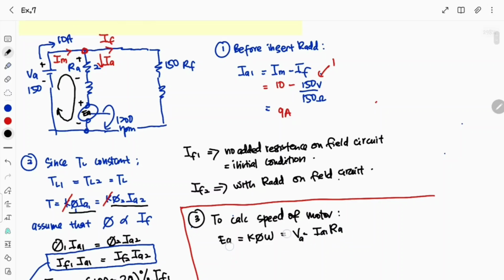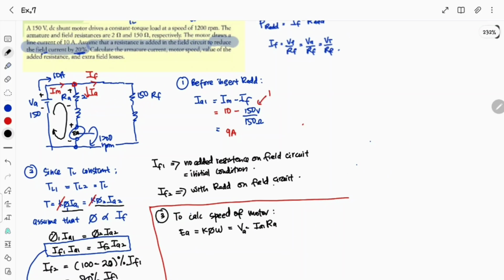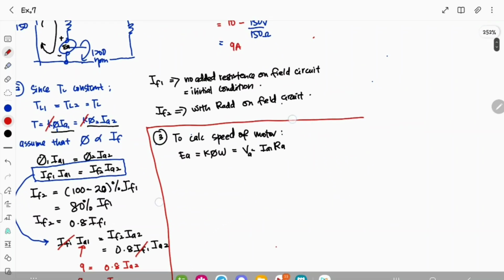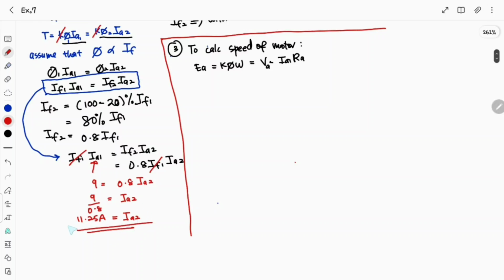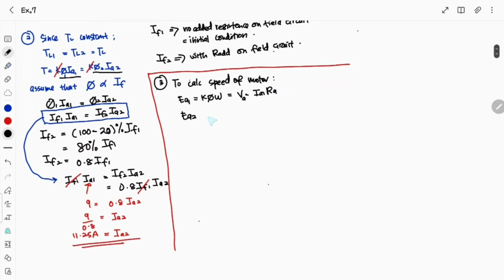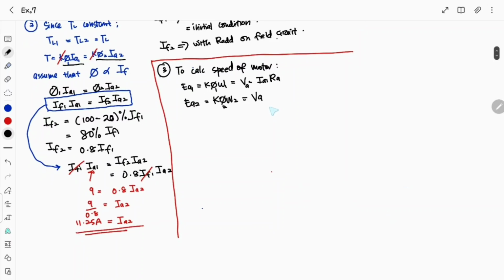When we add the additional resistance here, what happened? From step number 2, we know that we have a new armature current. So we have a new EA: EA1, EA2, kV omega 2, kV1, kV2, omega 1, omega 2, with the same VA, since we did not change the armature voltage, but we have a new IA2 RA.